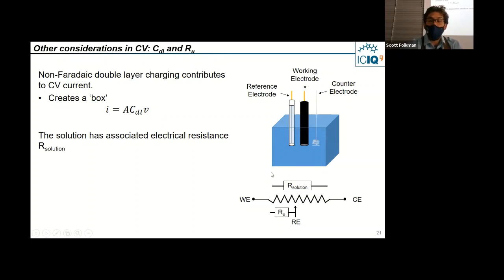So while the solution has an added electrolyte, which increases the conductivity of it, there is some resistance associated with it. And so between the working electrode and the counter electrode is the solution resistance. That is, we have to have charged species passing between the two electrodes, and that has some associated resistance of the ion movement through solution. But in the ideal case, we measure the working electrode and the reference electrode very close together, kind of as I've shown here.